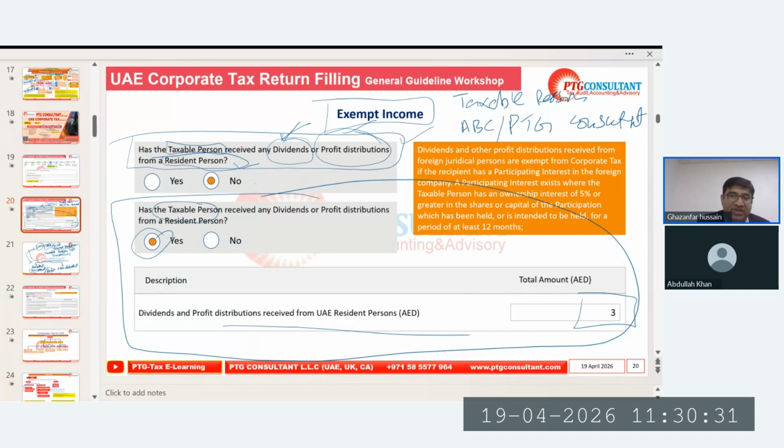If, let's say, your income is 1,000 and the exempt income is 200, the 200 you put here will be deducted from the total income. So your taxable income will now be 800. So this is the concept of exempt income.